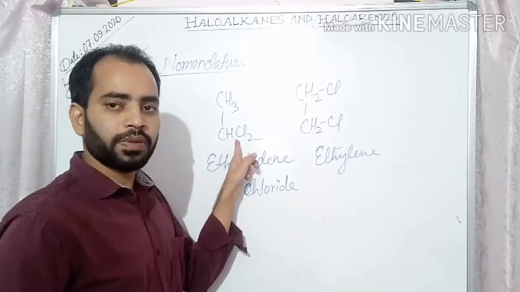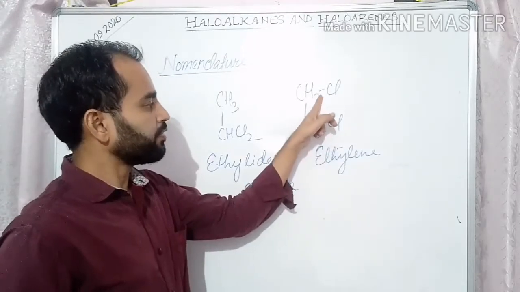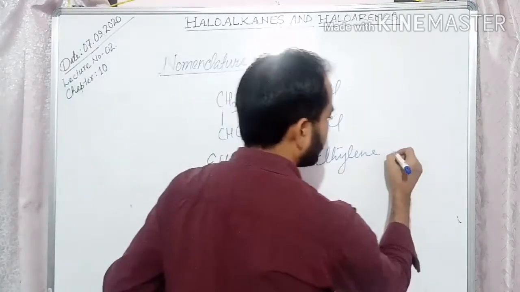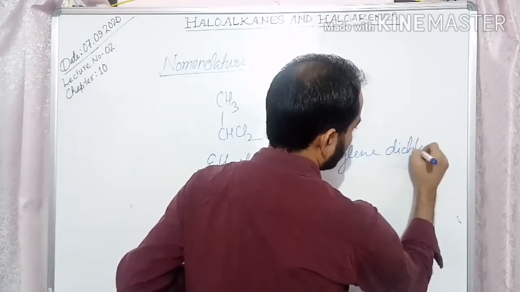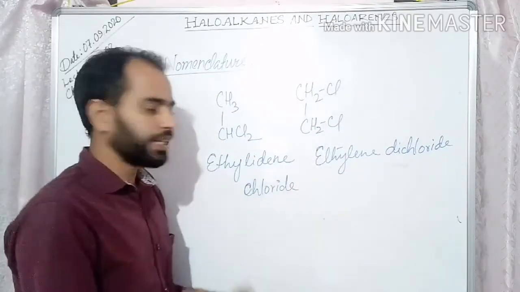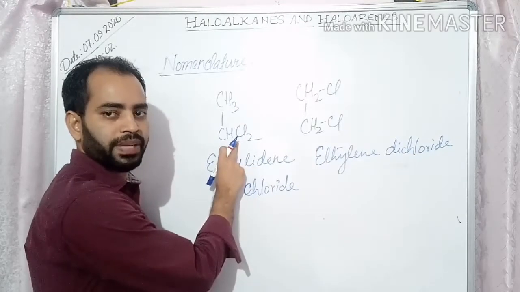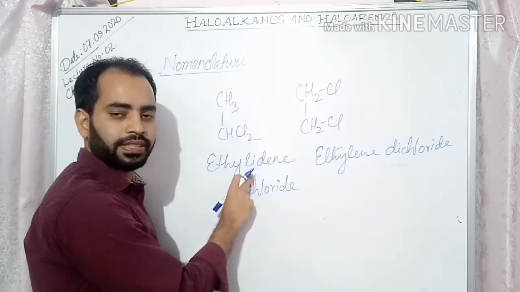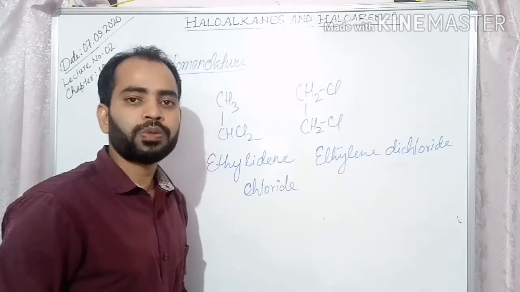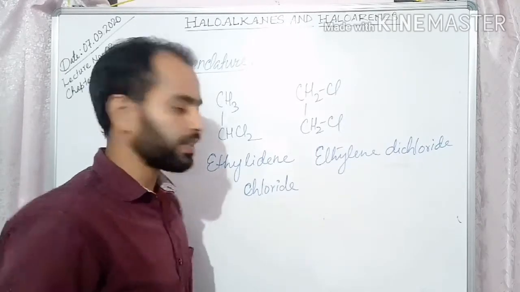If from the same carbon 2 hydrogens are replaced, then it is called ethylidene chloride, and if 2 hydrogens from 2 different carbons are replaced, then it is called ethylene dichloride. So this is the basic difference. I am again repeating: if from the same carbon 2 hydrogens are replaced by chlorine, it is called ethylidene chloride, and if 2 hydrogens from 2 different carbons are replaced by the halogen, it is called ethylene dichloride.